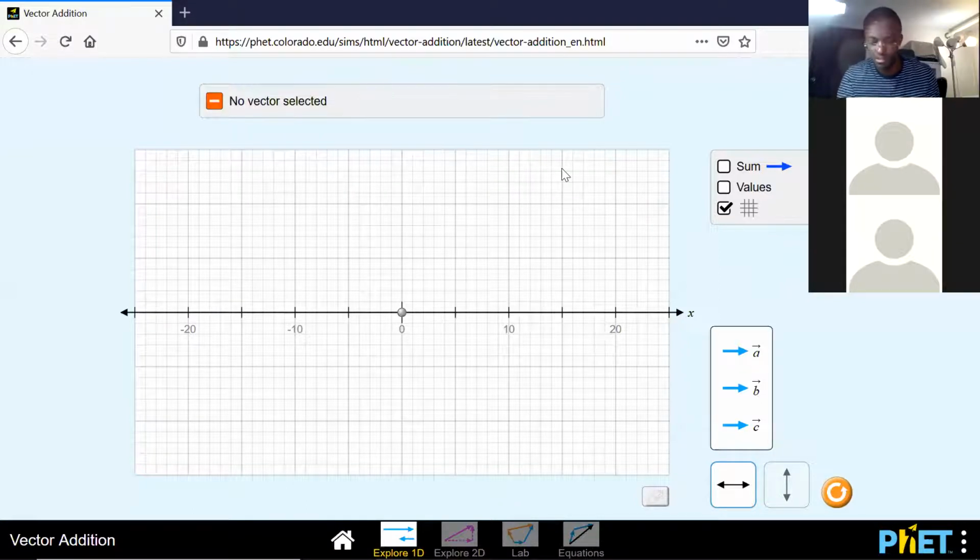We are going to see that in this part. On the right side of the screen, you have to check values on grid.